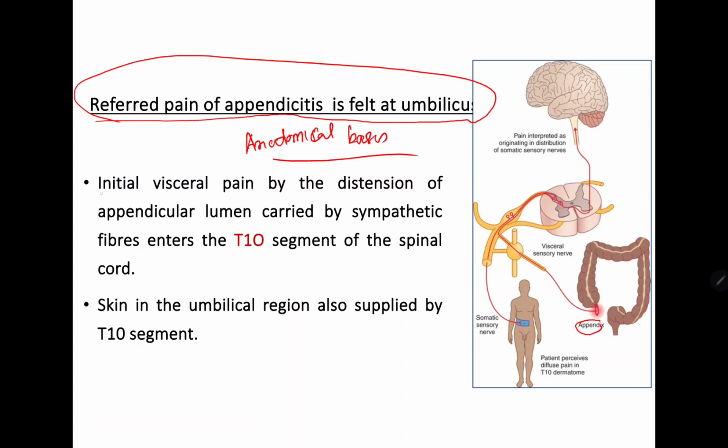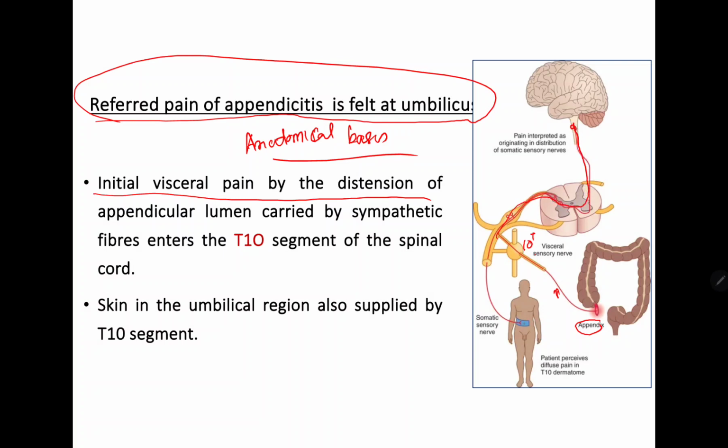The initial visceral pain, due to distension of the appendicular lumen, is carried by the sympathetic fibers. The sympathetic fibers enter the 10th thoracic segment, T10, of the spinal cord, then pass through the spinal cord and reach the brain.